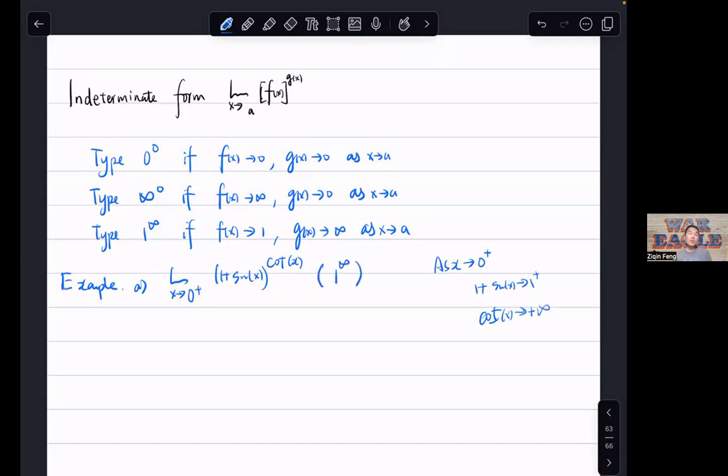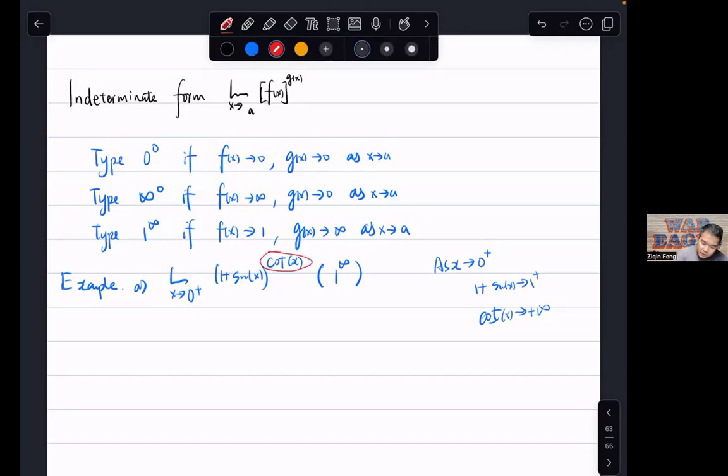How do we handle 1 to infinity? We need to change this to a quotient. How do you change this to a quotient? You want to bring the exponent down. How do we bring this exponent down? We have only one trick, which is taking the natural logarithmic function. So we give a new name for this function.